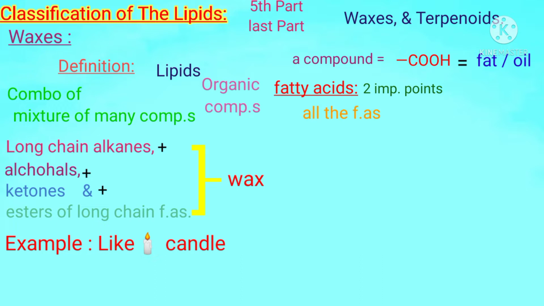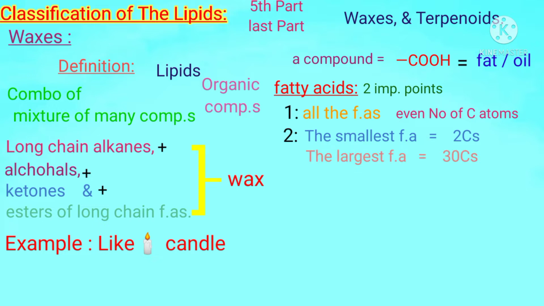First, all the fatty acids discovered till now that are present in fats or oils contain an even number of carbon atoms. And the second point is that the smallest fatty acid has 2 carbons and the largest fatty acid has 30 carbons.